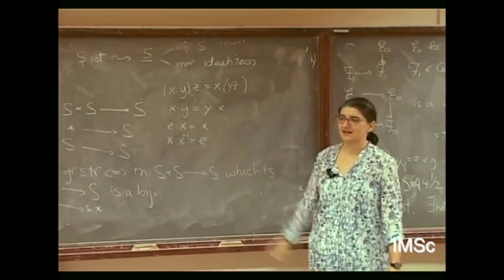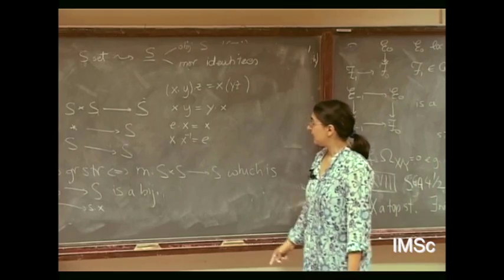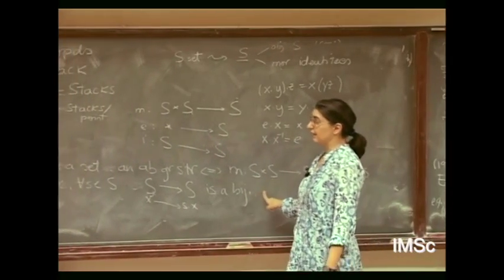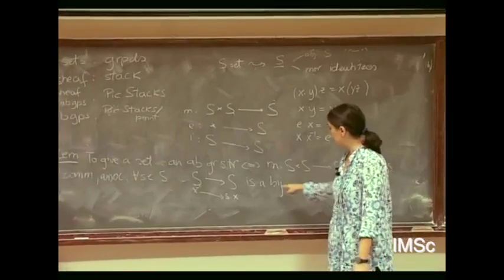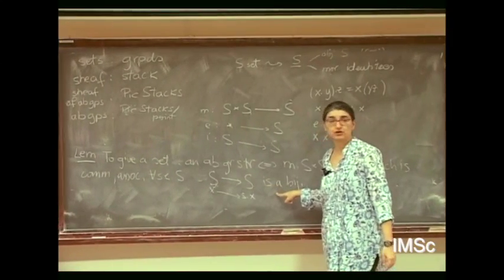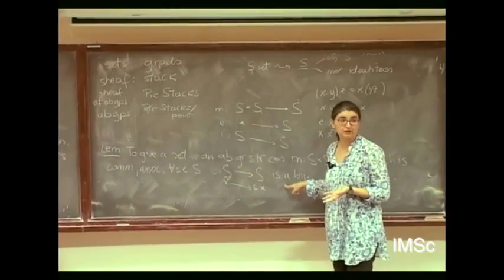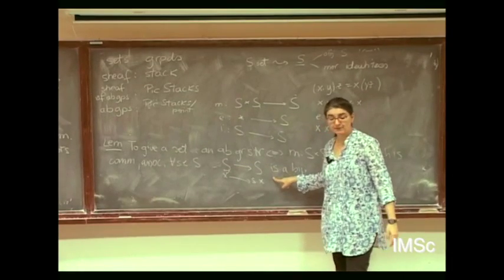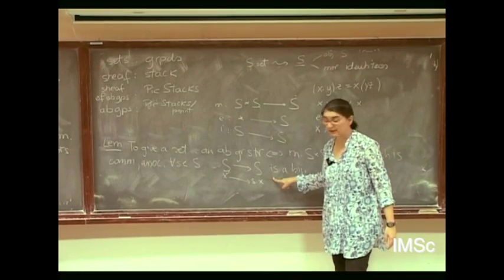It's a nice exercise. And the point is, once you have this, what Deligne does is he replaces the bijection condition with being an equivalence of groupoids. A bijection is an isomorphism of sets, so this becomes an equivalence of groupoids.